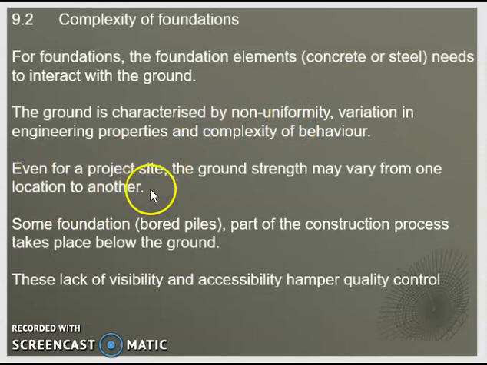So even for one project site, the ground strength may vary from one location to another. And if you have some foundation, for example bored piles, part of the construction process takes place under the ground where it is not seen by any person. So lack of visibility and access will hamper the quality control. That's why foundation is more complicated.